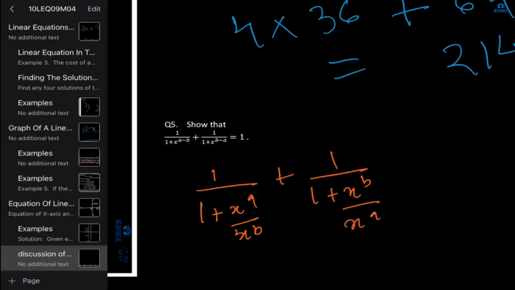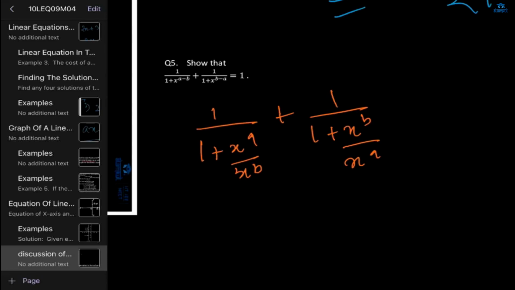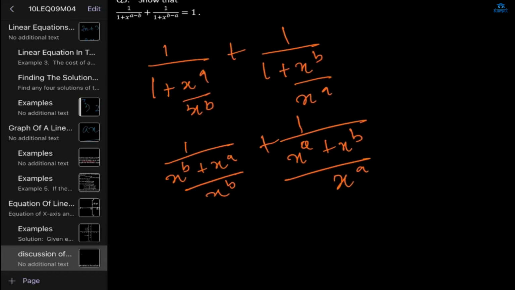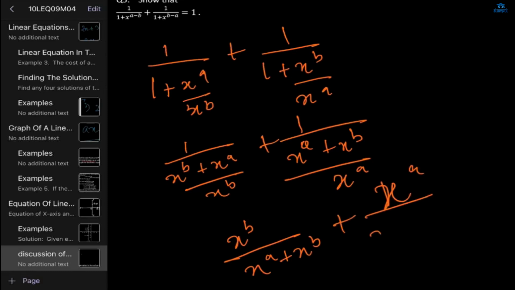Take the LHS, because you have to show that this is equal to 1. So only take the LHS. Now if we take the LCM here, it will be 1 upon x to the power b plus x to the power a upon x to the power b, plus 1 upon x to the power a plus x to the power b upon x to the power a. Now this will go to the upper side. So it will be x to the power b by x to the power a plus x to the power b, plus x to the power a upon x to the power a plus x to the power b.